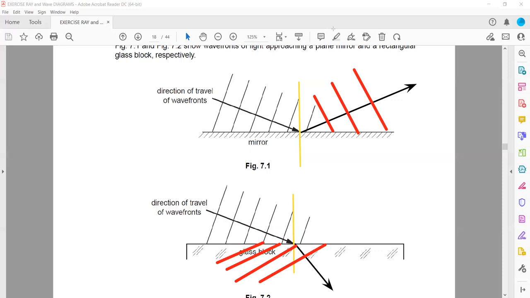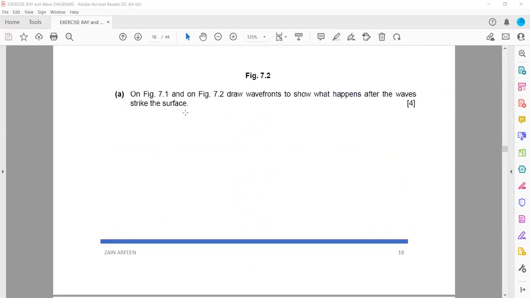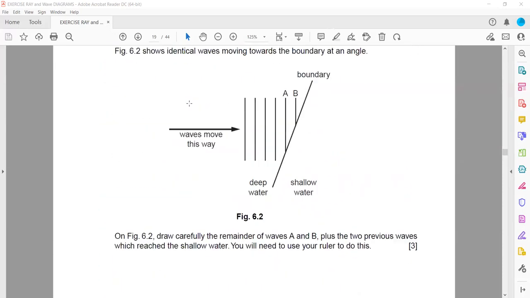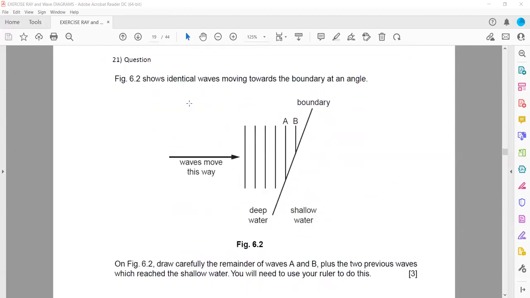Moving from air to glass, the speed of light decreases. Moving from glass to air, the speed of light increases. So in the deep region, the water waves are moving fast. In the shallow region, the water waves are moving slow. If it is moving slow, the wavefronts will lag.